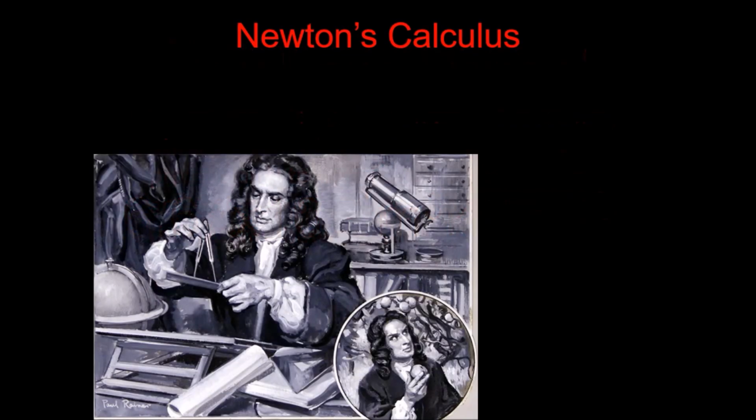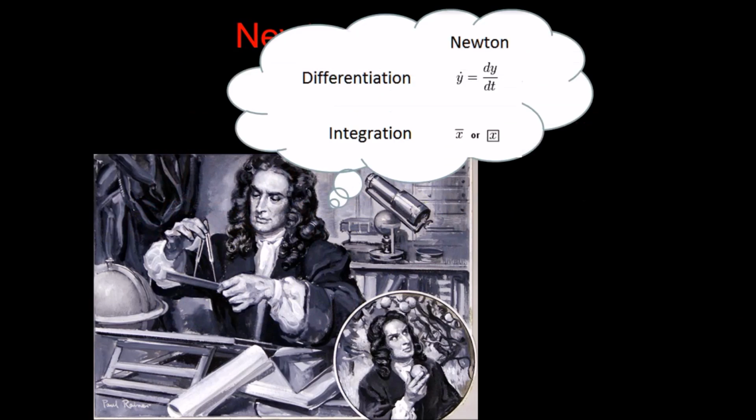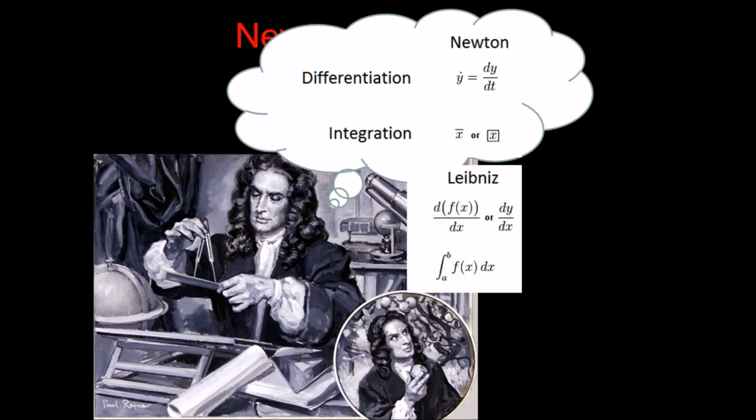And I really like this picture. Not only does it show Newton in a totally incorrect light, but he's got all of his best inventions just happen to be sitting around him while he's doing this. And Newton, to do this, had to look at various graphs and invent a version of calculus. Now, the version of calculus that Newton invented is not necessarily the version of calculus that we use in popular mathematics today in terms of the dy by dx or integral symbols.